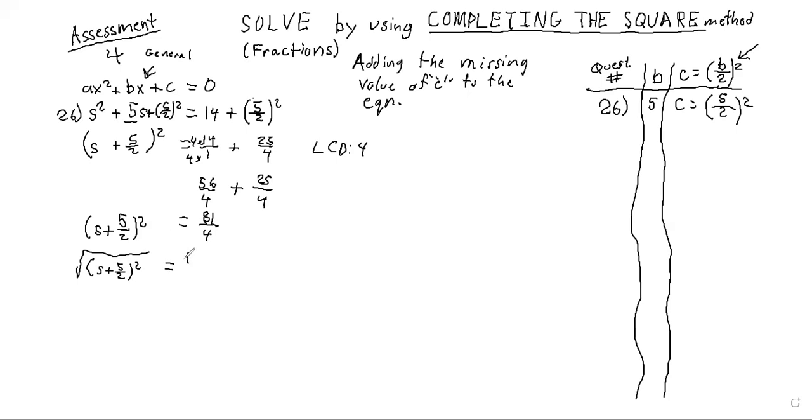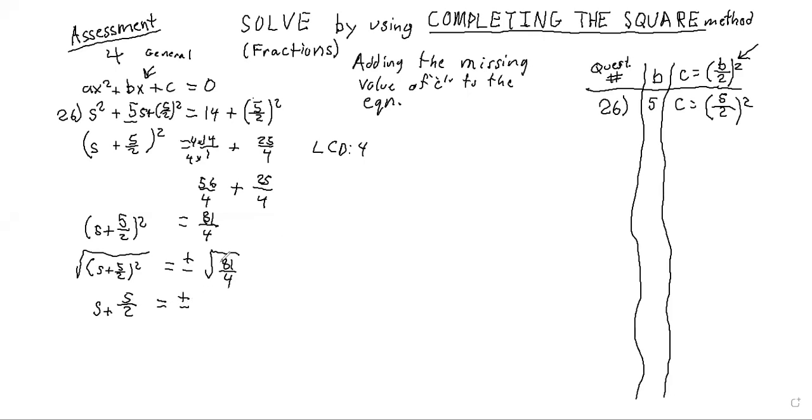When we take the square root of the number, we always have to remember to put the plus minus first, and then we take the square root of the number. Now, the left side, the square root of S plus 5 over 2 squared, really simplifies because the square cancels out with the square root, so we just get what's inside the brackets, which is S plus 5 halves equals plus or minus.